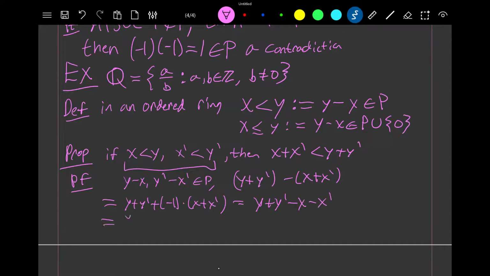But this is y minus x plus y prime minus x prime. Both of these by assumption are in P. So since both of them are positive, their sum is also positive. So there we go.